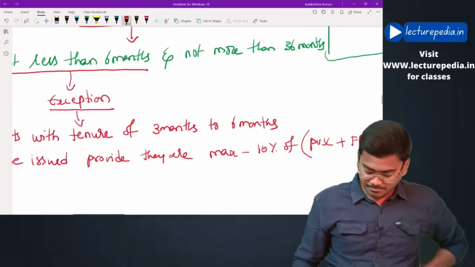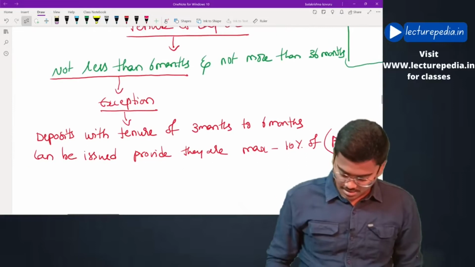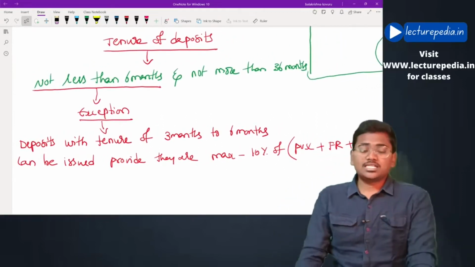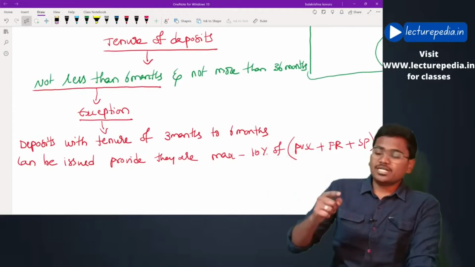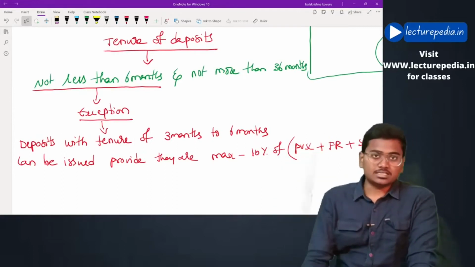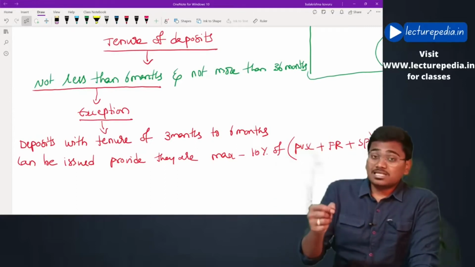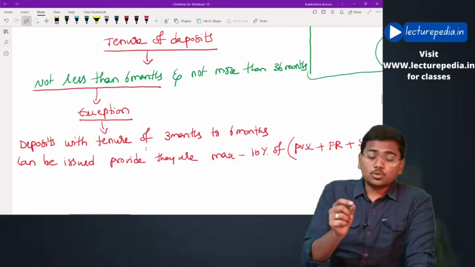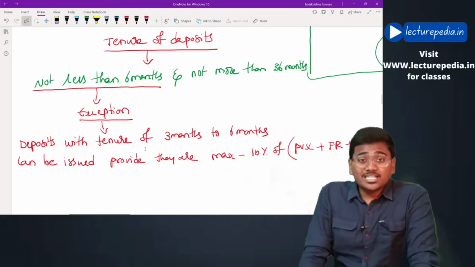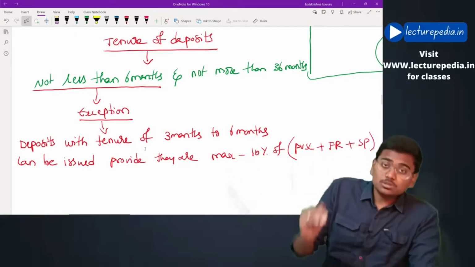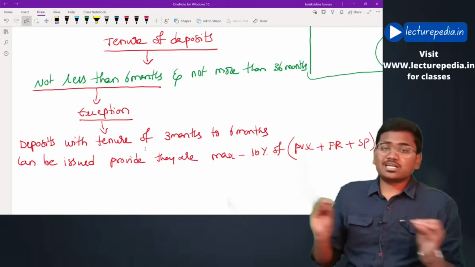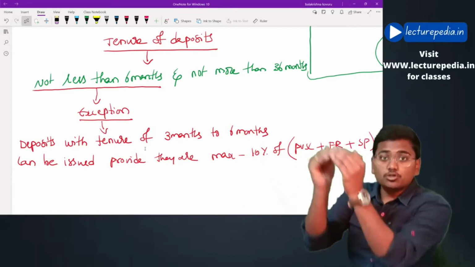See, first of all, the tenure of the deposits must be between 6 months to 3 years, and there is an exception. In that exception, a company can also raise deposits with a tenure of 3 months to 6 months. Below 3 months it cannot raise; never can a company give deposits for a tenure below 3 months.